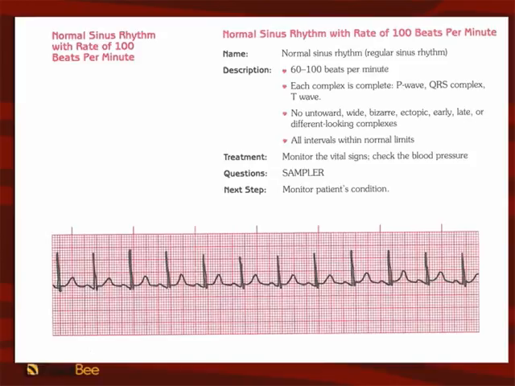It does have a QRS complex as well as a T wave. There's no wild or bizarre looking complexes. All the intervals are regular and they appear to be normal in appearance, so this is considered normal sinus rhythm with a rate of 100 beats per minute.